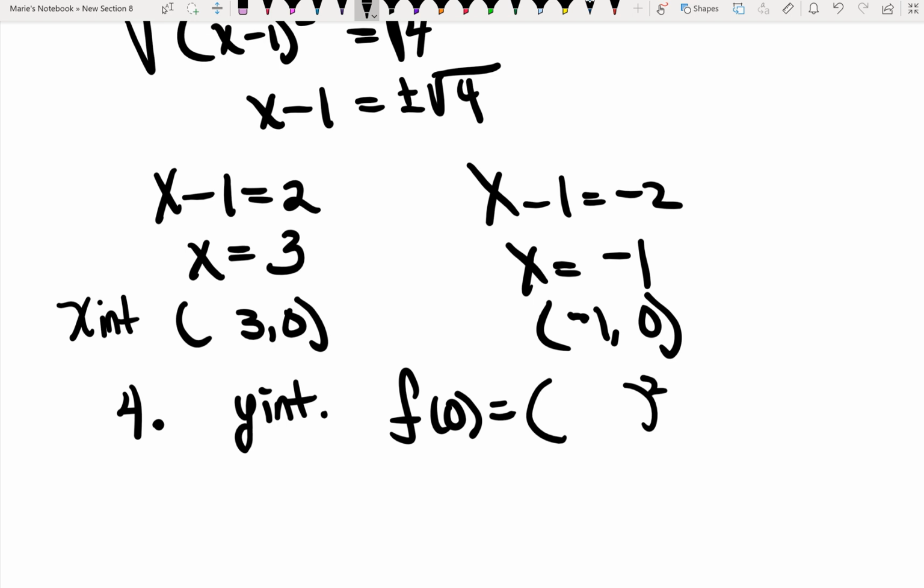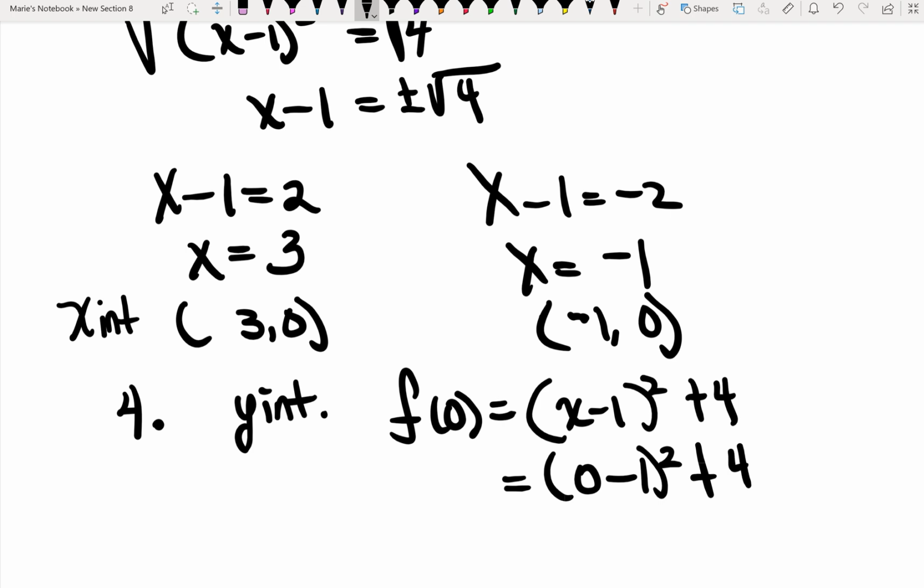So we're doing the negative of x minus 1 squared plus 4. So if x is 0, then I have y is equal to negative 0 minus 1 squared plus 4. So this gives me 1 squared, which is 1, plus 4. So therefore, when x is 0, y is 5.